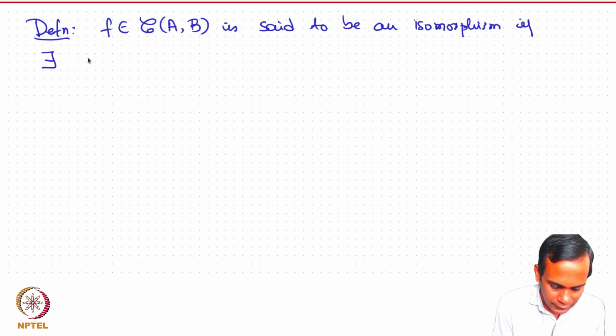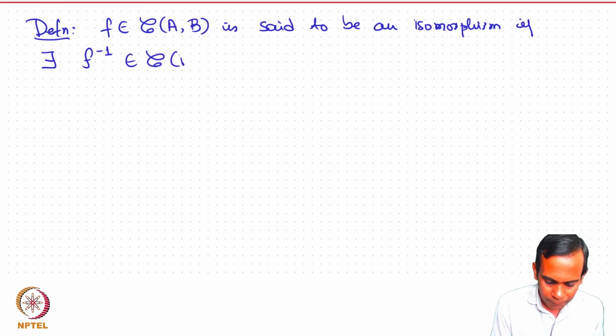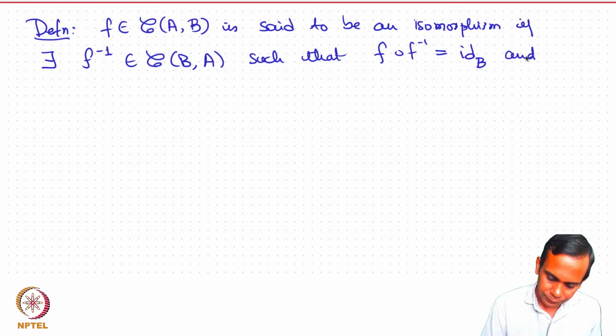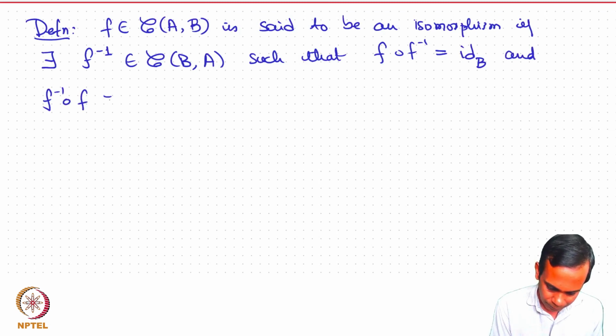So if there exists an arrow F inverse from B to A such that F circle F inverse, so F inverse is from B to A and F goes back from A to B, this is actually the identity arrow of B, and F inverse circle F is the identity arrow of A.